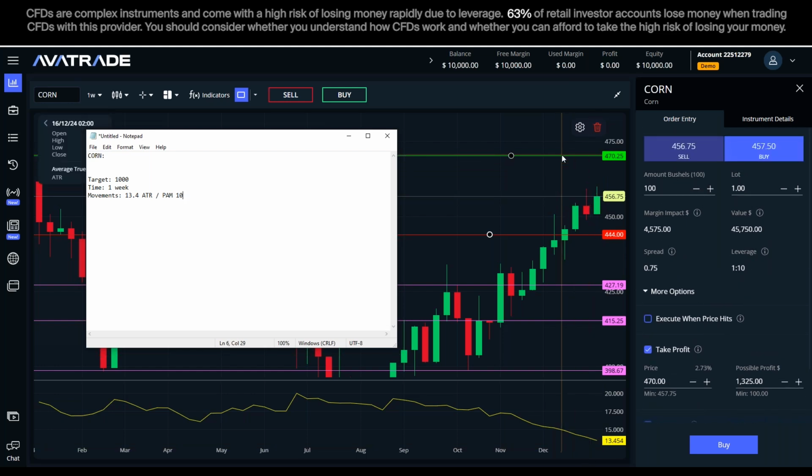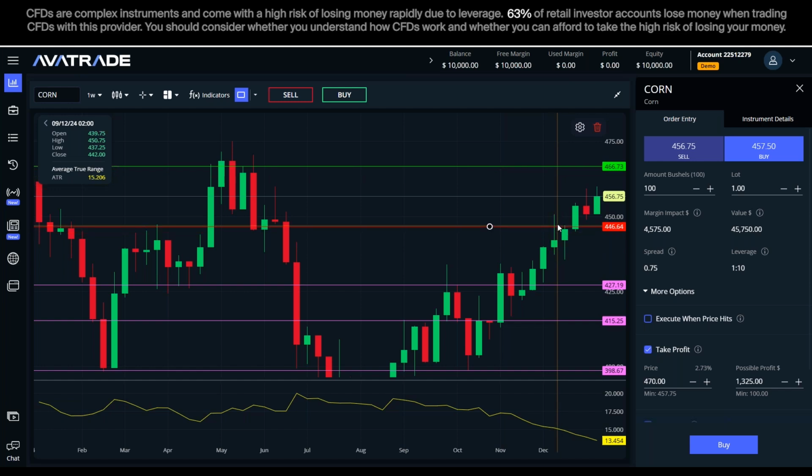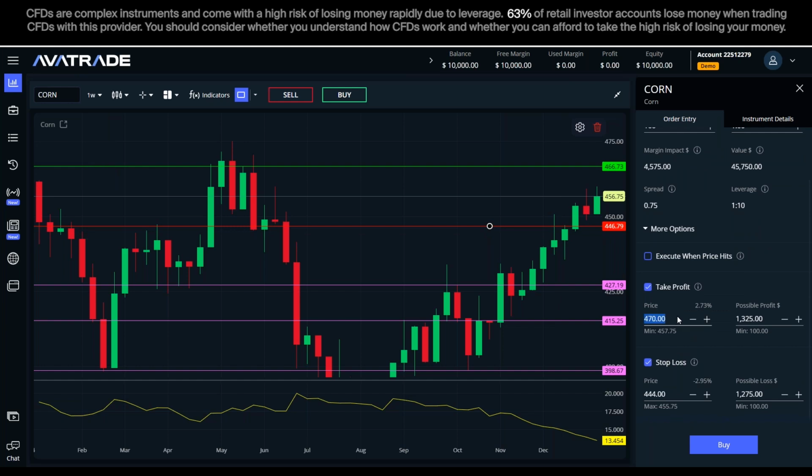If it can move 13, it can most definitely move 10 since it's less. So we're just going to adjust it to 10, and quickly adjust that to 10 as well. And then we have this and we have that. Okay, and that is just great.